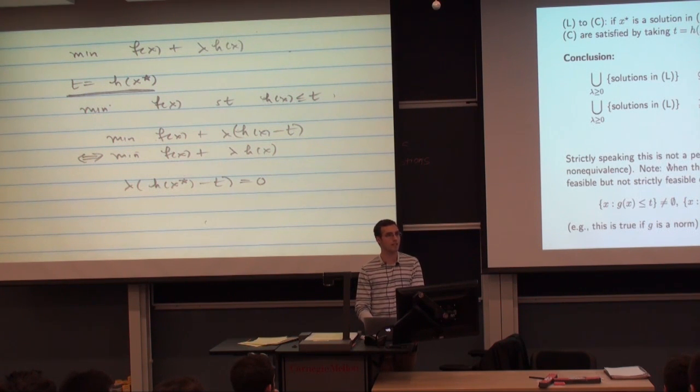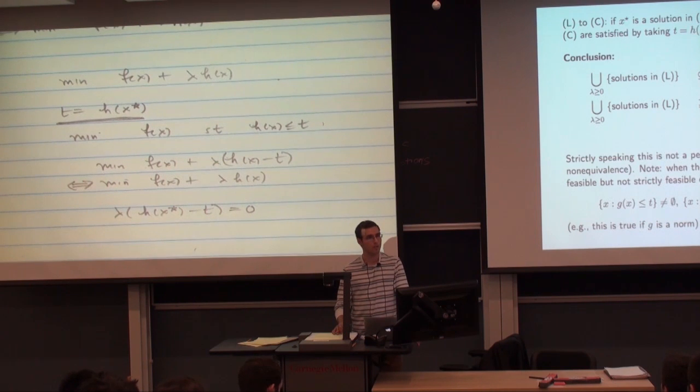What saves us is that in almost all of the cases that we deal with in statistics and machine learning, the only point for which it's not strictly feasible is when t is 0. If t is 0 and it's not strictly feasible, then I can actually achieve a solution in the Lagrangian form by taking lambda equal to infinity, right?